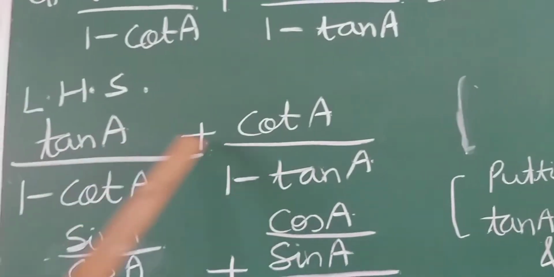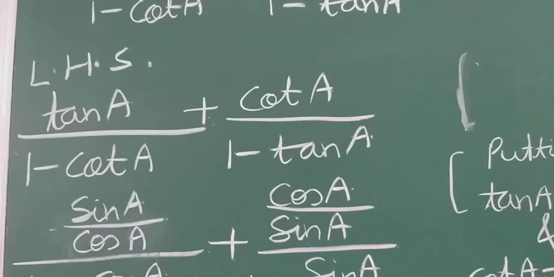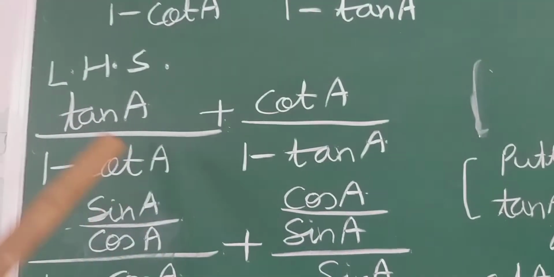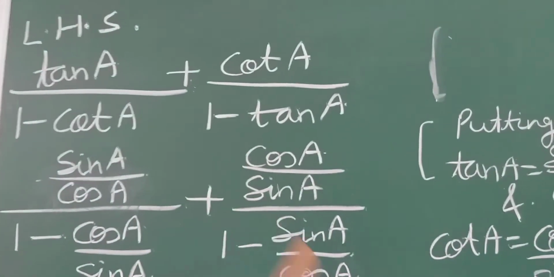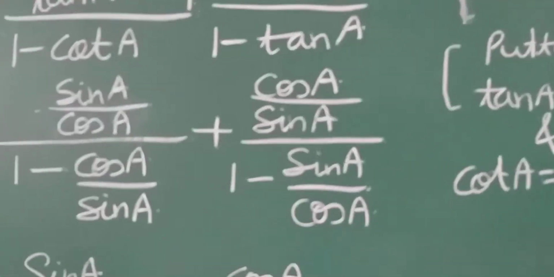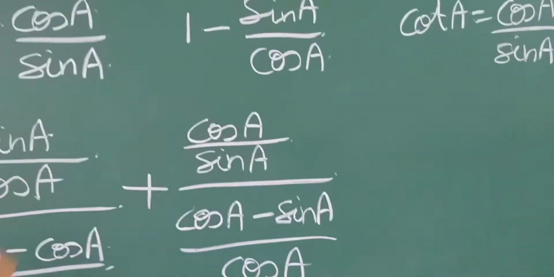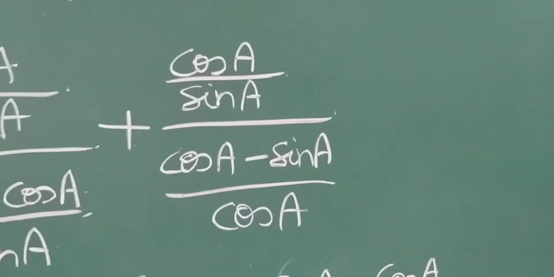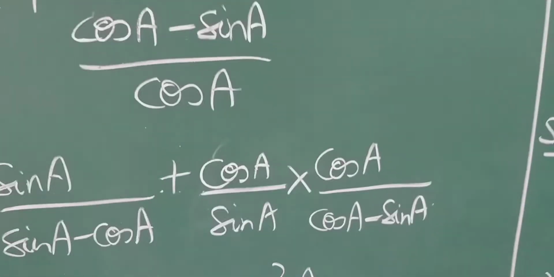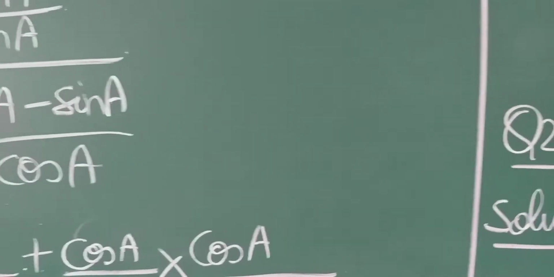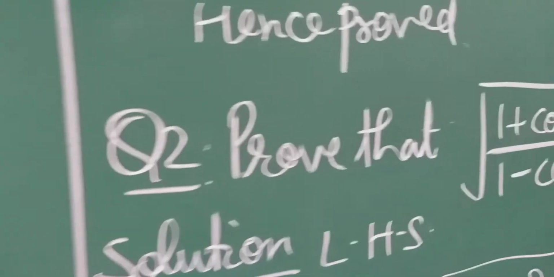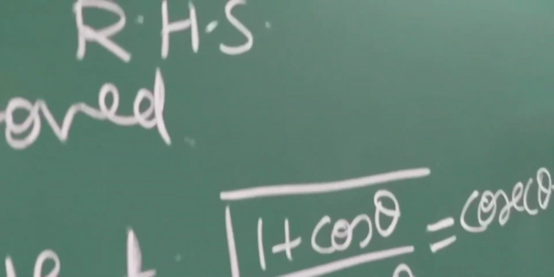If square is not there, then apply the second step. In the second step we have to change other trigonometric ratios into cos and sin. Then we have to do the calculation. After doing the calculation, if again the square is there, you can use identity, come back to step 1. So all these things you have to remember to prove trigonometric identities.